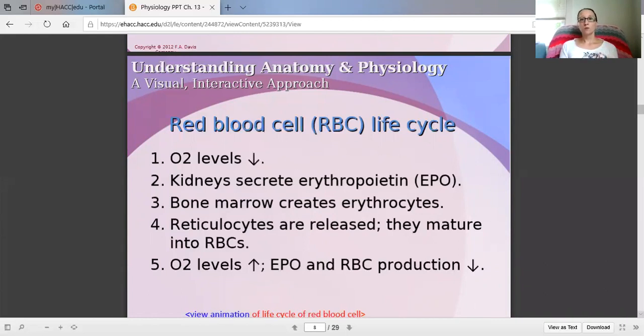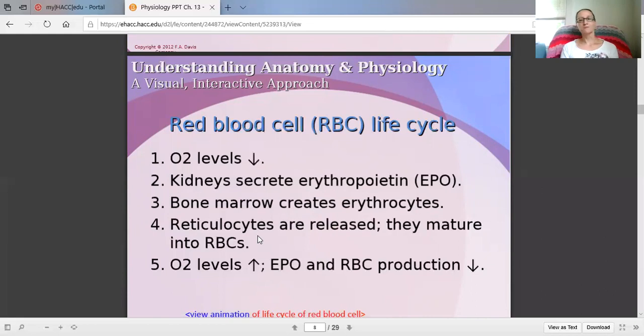So erythropoietin actually stimulates the bone marrow to make more erythrocytes. But erythrocytes don't start out as fully formed red blood cells. They start out as something called reticulocytes. Well, actually, the very first cell was a proerythrocyte, and then a reticulocyte, and then a red blood cell.